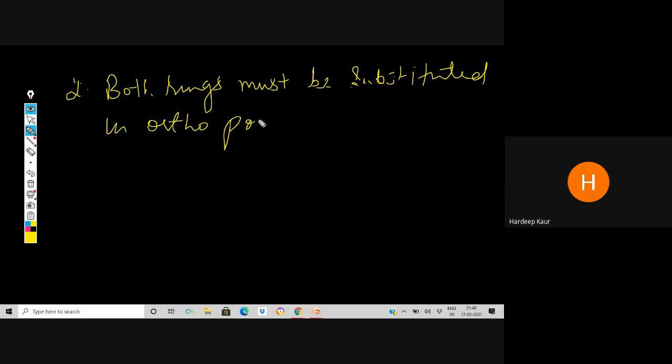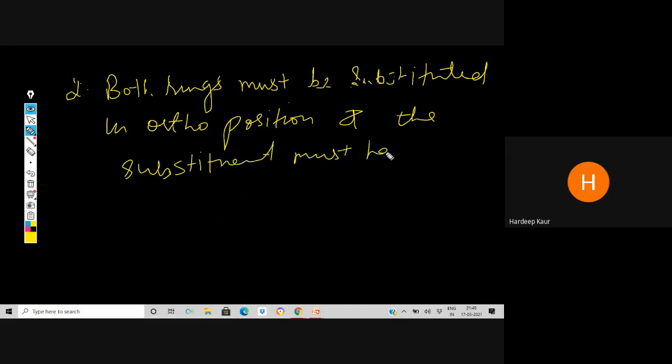So the ortho positions should be substituted. Then only rotation about the carbon single bond is restricted. Okay? And this substituent must be bulky, it must have a larger size.